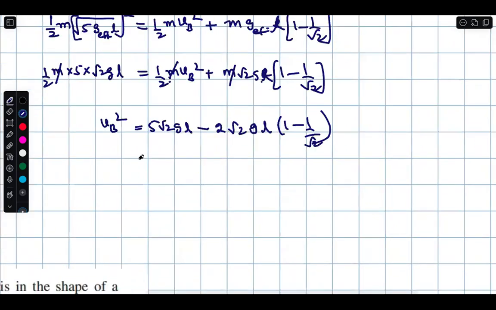Careful calculation is required here. 5 root 2GL minus 2 root 2GL plus root 2 cancel 2GL.